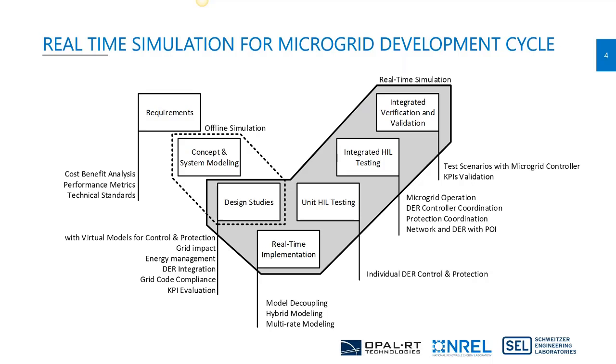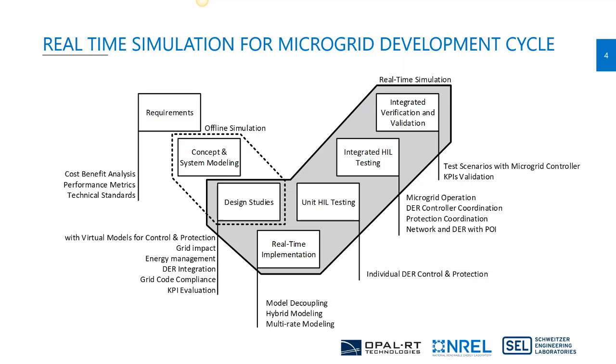The second step you move on to is concept and system modeling. The third step is design studies, which will include modeling control, building virtual models for control and protection, doing grid impact studies, energy management studies, DER integration studies, grid code compliance studies, and of course KPI evaluations or performance metric evaluations based on the metrics that you defined in the first phase.